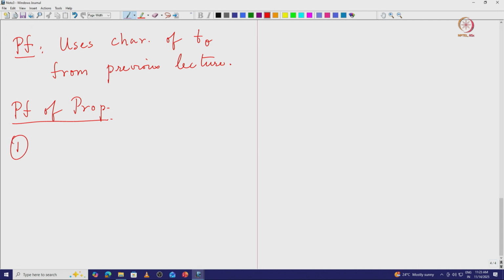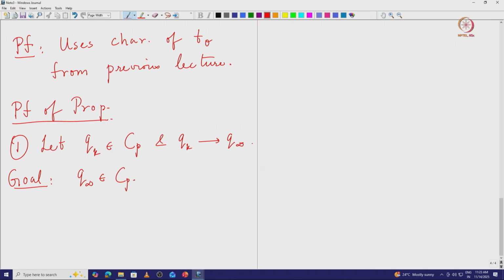Okay, so the first part is that I have to show that the cut locus is closed. So let Qk belong to the cut locus, and let us say Qk's converge to Q infinity. What is the goal? The goal is to show that Q infinity is also a cut point, right?